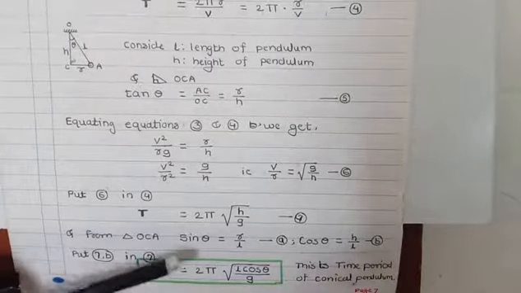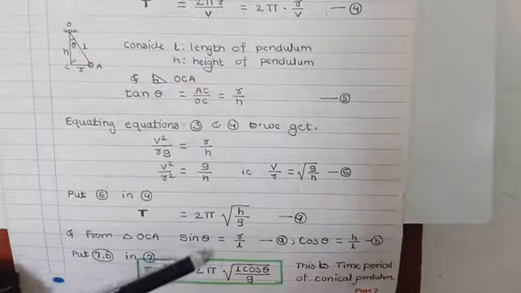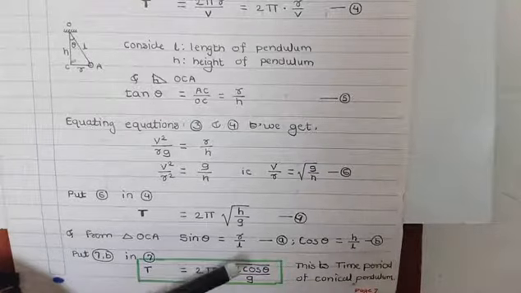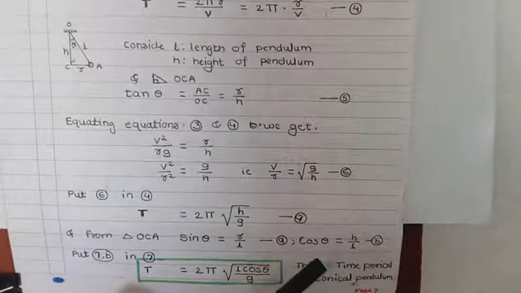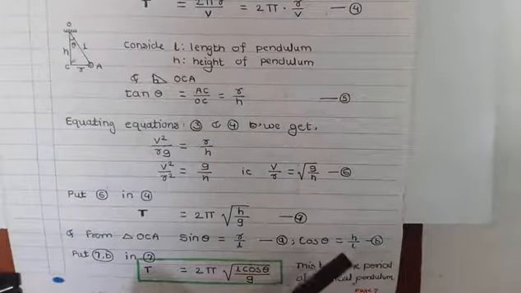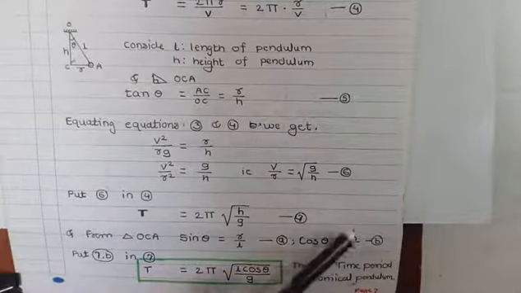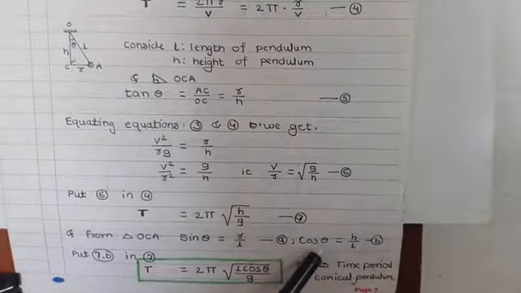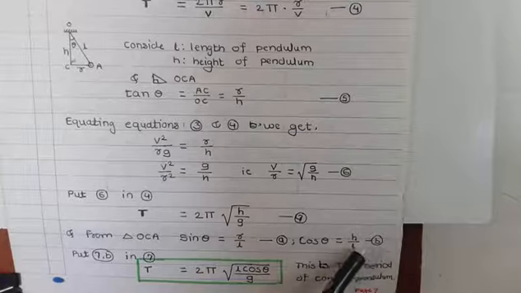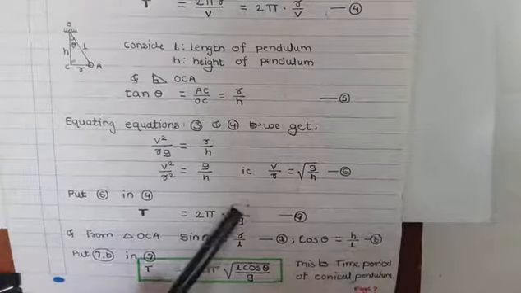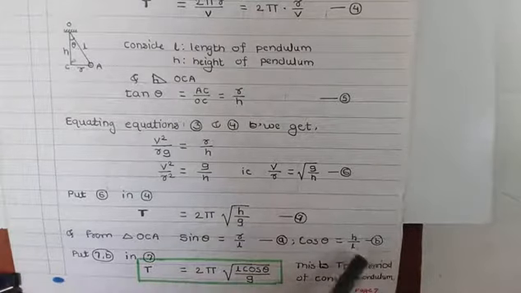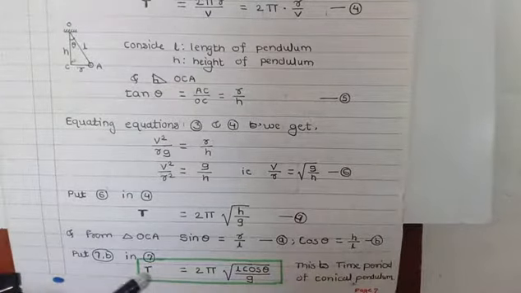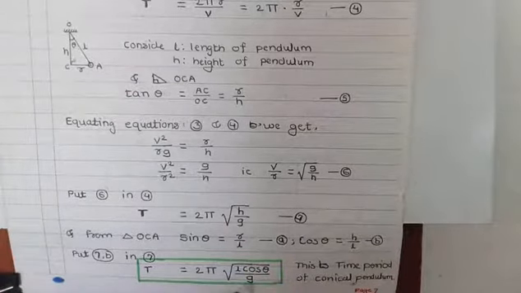In the triangle OCA, by using simple trigonometry, sin theta is equal to R upon L, and cos theta is equal to H upon L. Hence, H is equal to L cos theta. Now replace the value of height by L cos theta. We get the time period of conical pendulum is 2 pi square root L cos theta upon g.